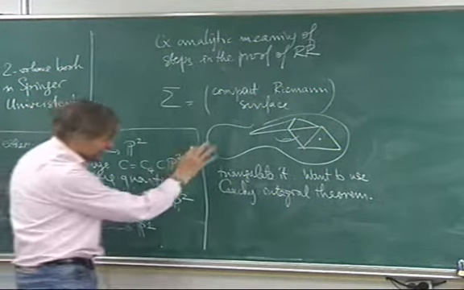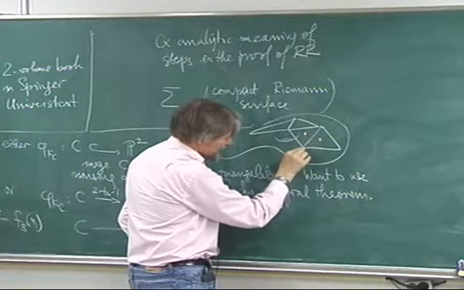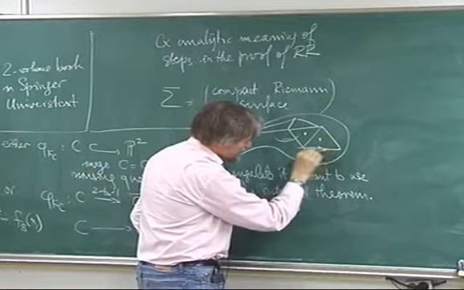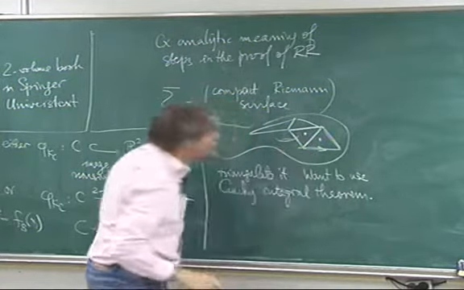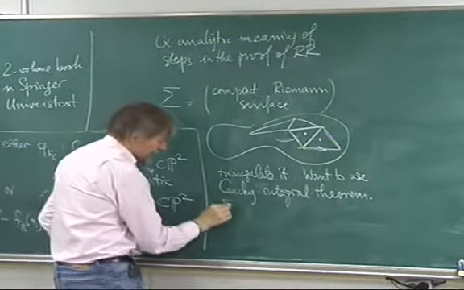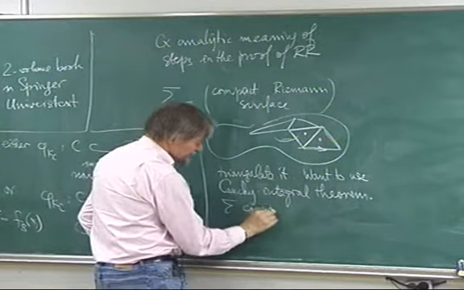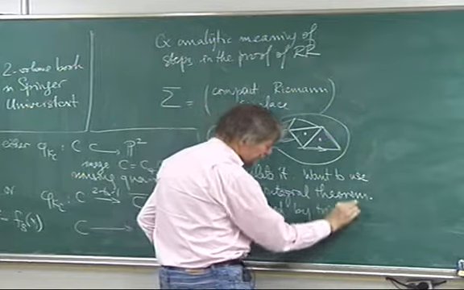So I've got a finite set of points here. I want to take these points like this and then do some argument which is going to take an integral around a contour like this and then around a contour like this. Right, so sigma is covered by triangles. So this is topological.